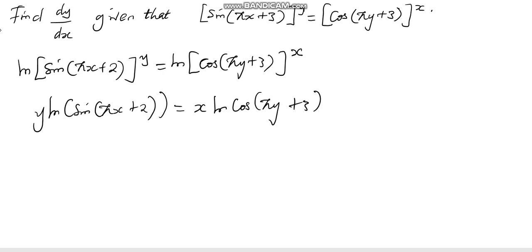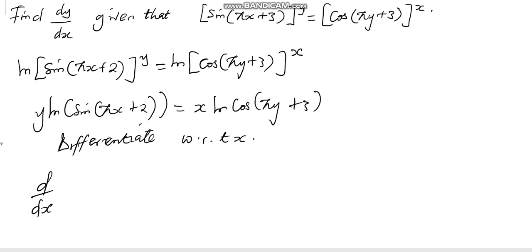So now differentiating throughout with respect to x. Now differentiating with respect to x, we put the notation that we've started differentiating, so we differentiate this function with respect to x: y ln(sin(πx + 2)).